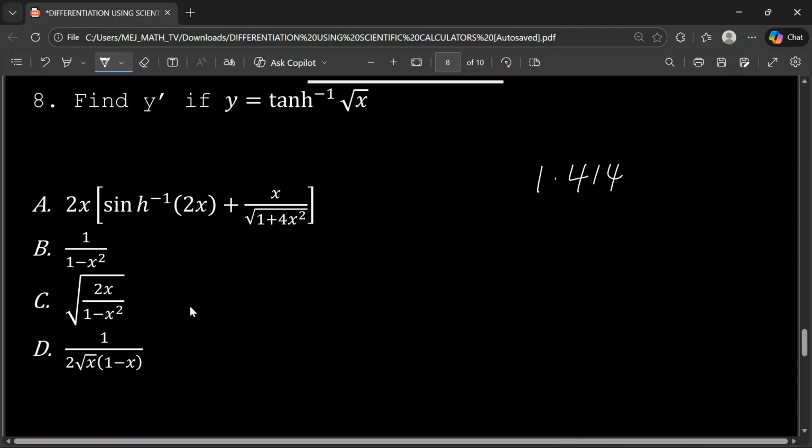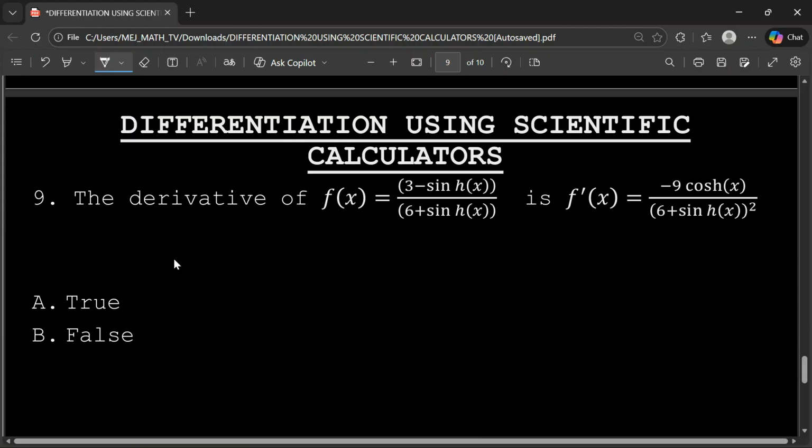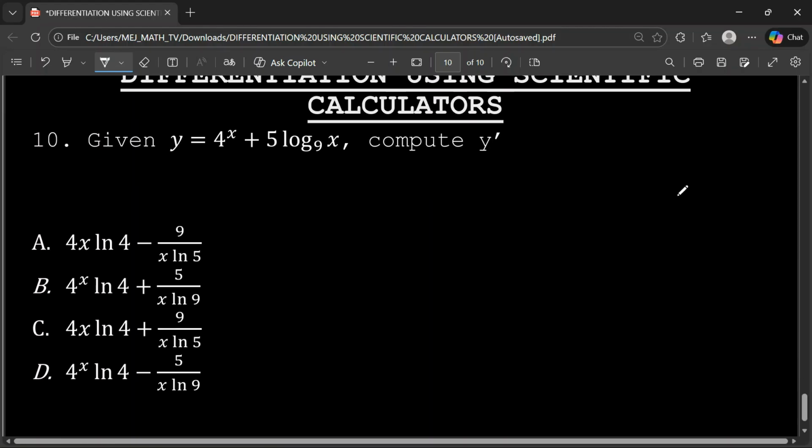And so option D is the correct answer. The derivative of this function is this answer. We've already solved this question before, and the answer was this answer. So it is true.